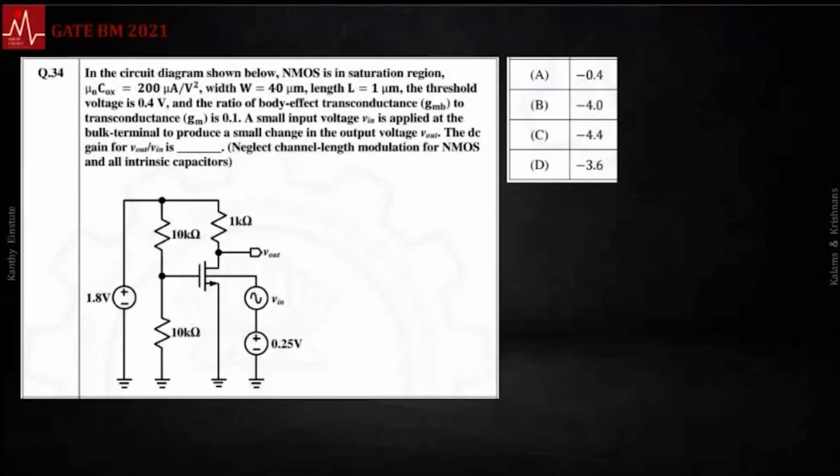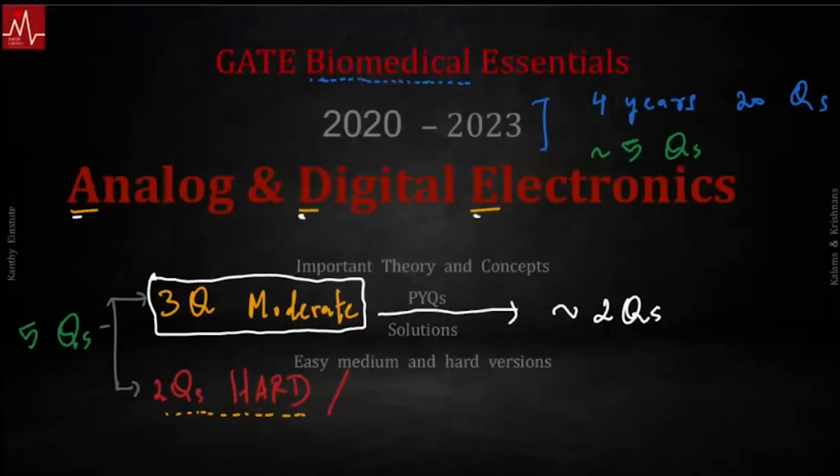So that brings us to the end of analog and digital electronics. Not just that, the end of the CARE Biomedical Revision Series.